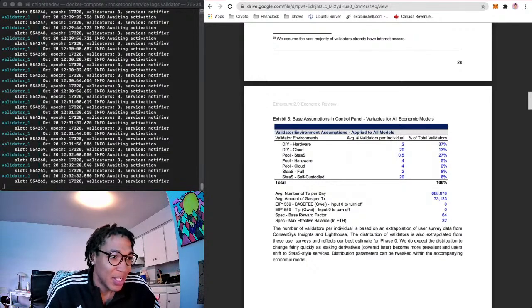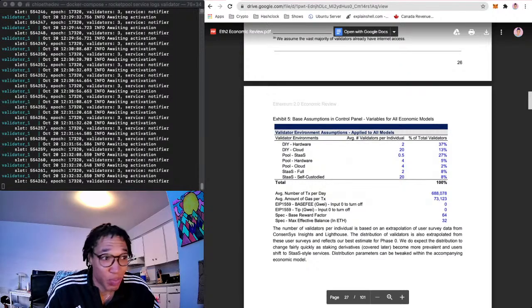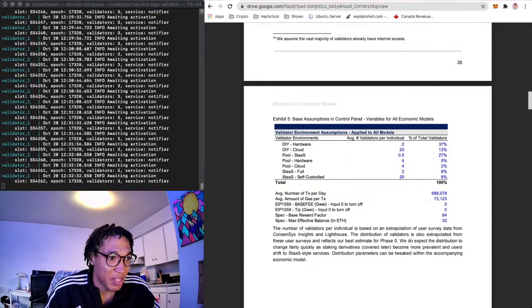Makes sense. If you're doing it as a pool, they expect you to have half. Oh, did I mix up? Yeah, sorry. Pool, cloud, pool. Sorry, yeah. Pool with the whole. This is like Rocket Pool.